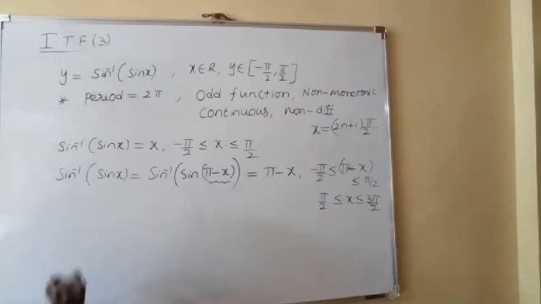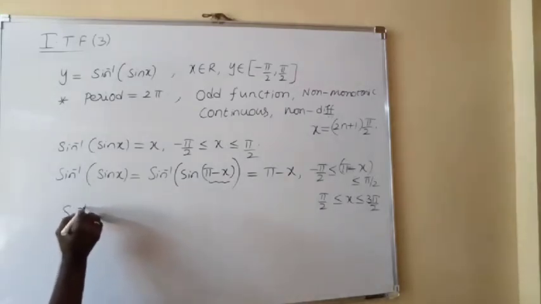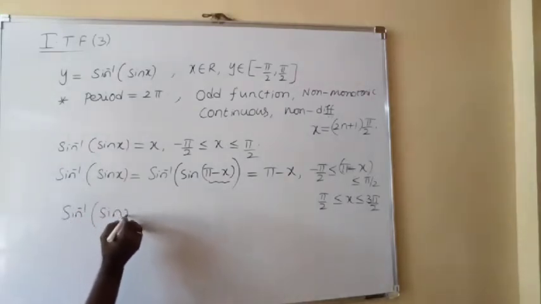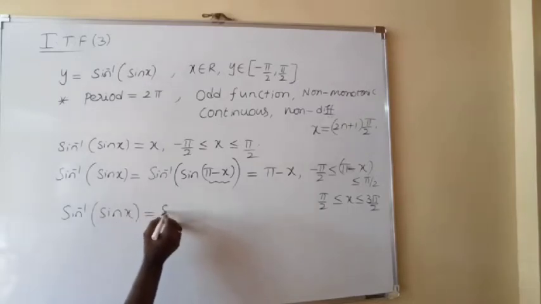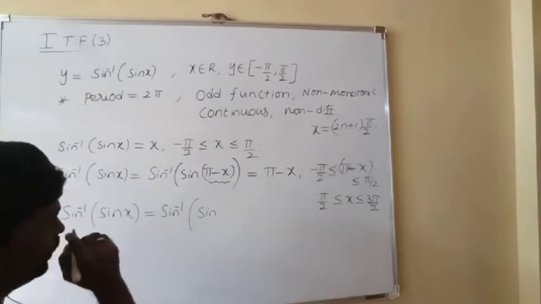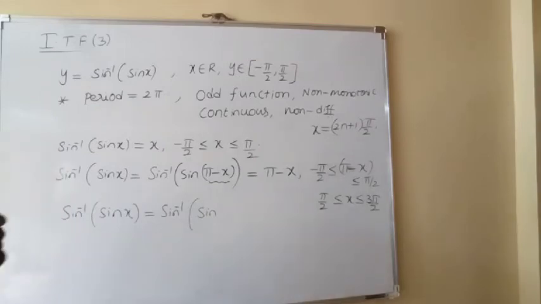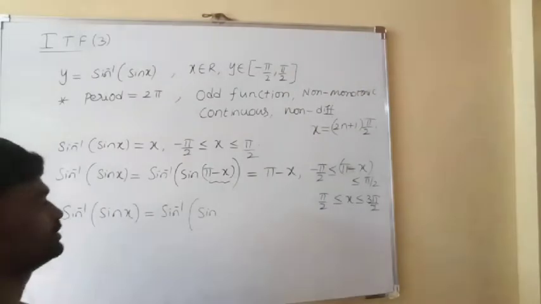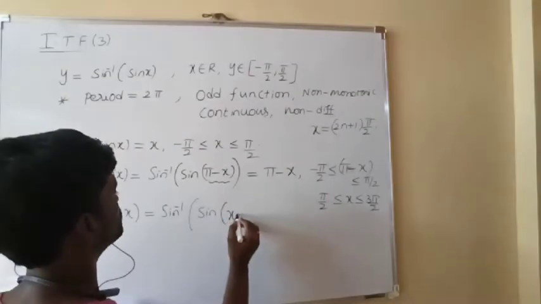Similarly, sin inverse of sin x. So can you write sin of 2 pi plus x? No problem. Next, after pi minus x, what will be 2 pi plus x? 2 pi minus x, you will get x minus 2 pi, right? You can write x minus 2 pi also, no?